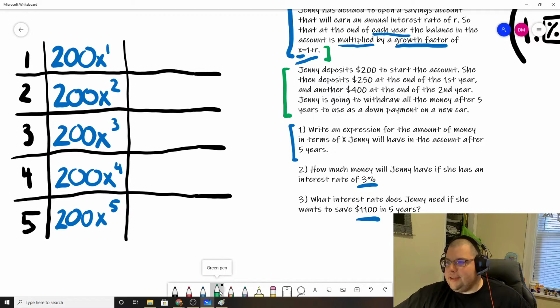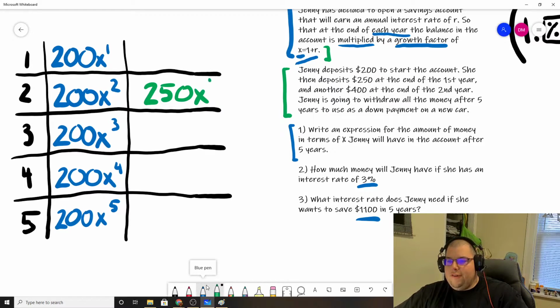Now the next sentence says she then deposits $250 at the end of the first year. If that $250 is deposited at the end of the first year, the $250 experiences its first year in the account during the second year of the account.